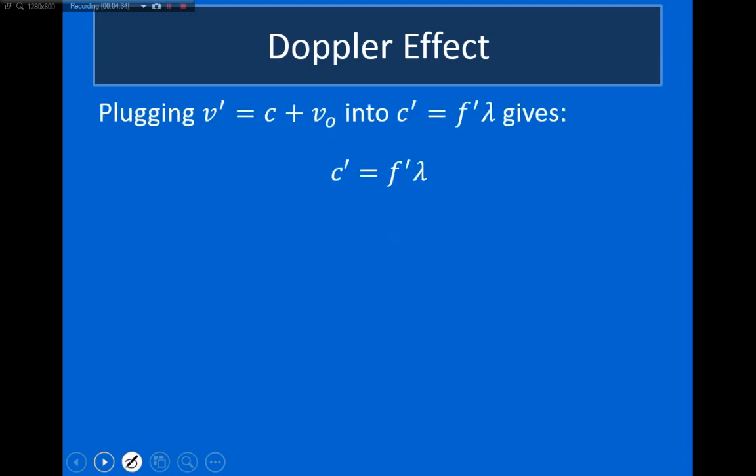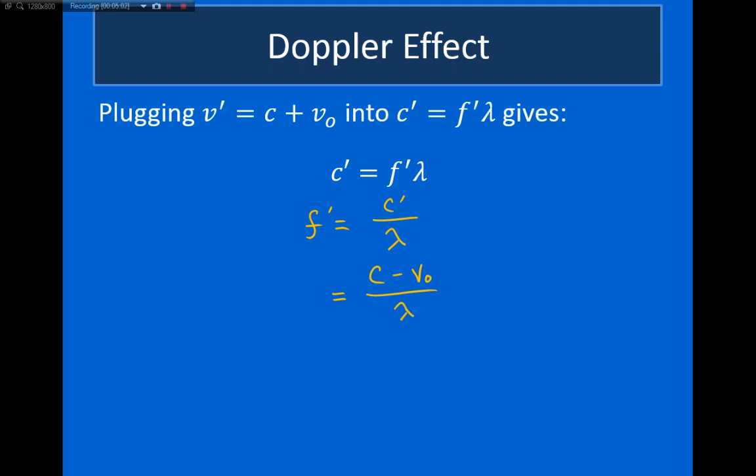So, plugging this into the other formula we have for the speed of the wave, we can solve for the frequency. So the frequency is equal to the speed of the wave divided by its wavelength. And the speed of the wave is equal to the speed of the wave minus the velocity of the observer.